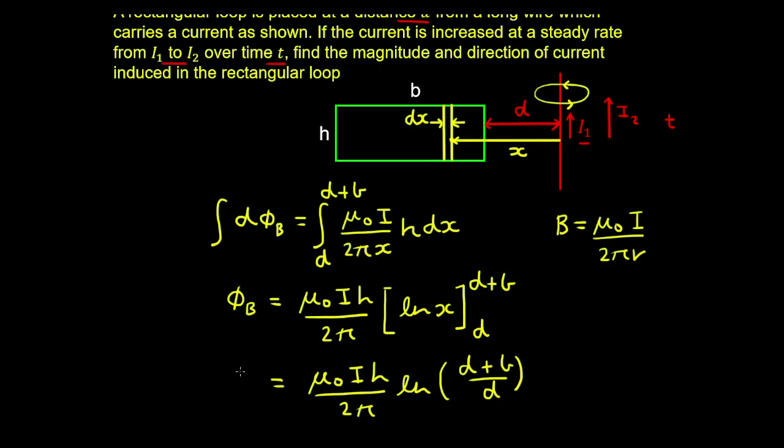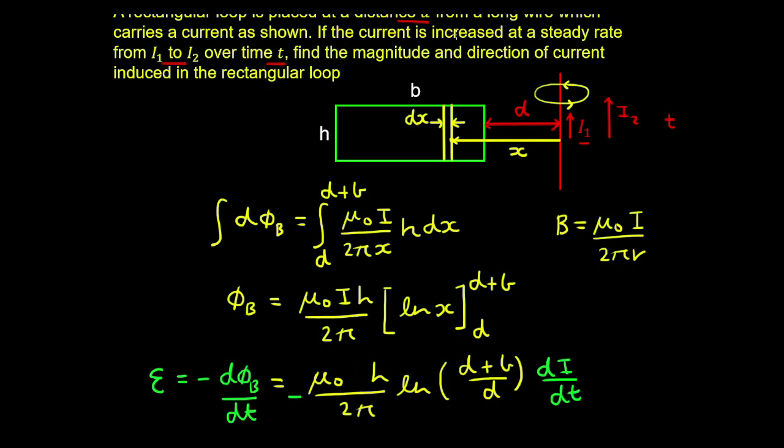So therefore, the electromotive force induced in this rectangular loop is minus the change in magnetic flux over time. So that gives minus, and the only quantity in the magnetic flux that depends on time is the current, which gives the dI/dt.